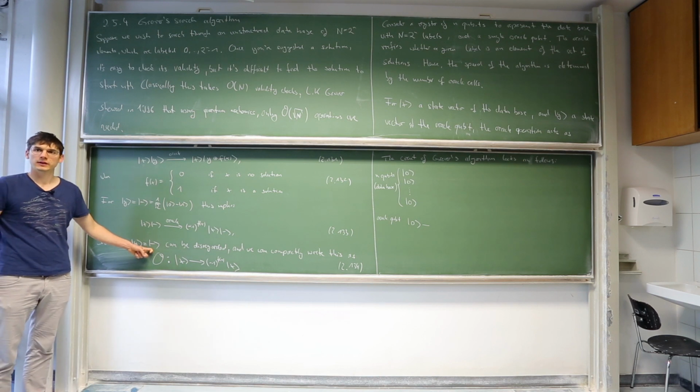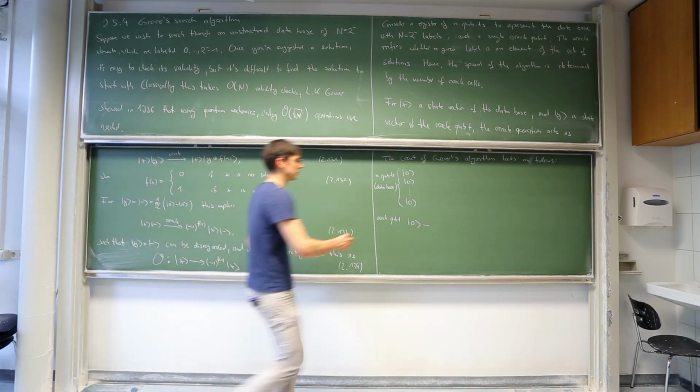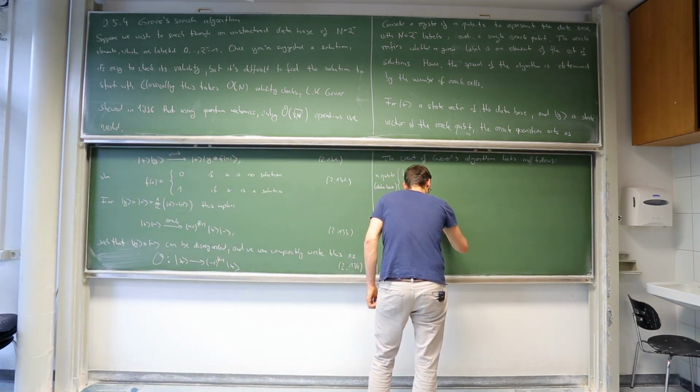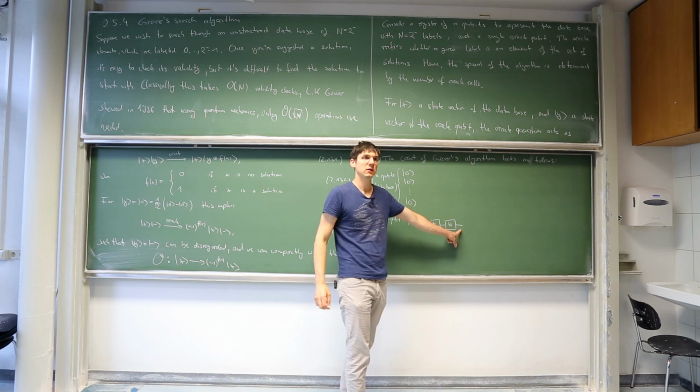How do we get this to minus? First, we make an X operation, a NOT operation, such that we get 1, and then we Hadamard, and then we're there. So first a Pauli X gate, then a Hadamard, and then we have a minus state here.